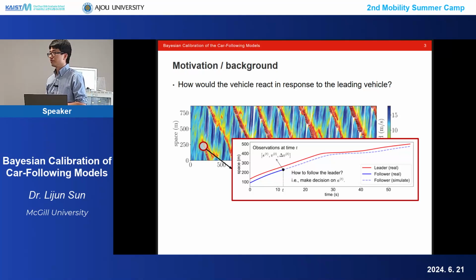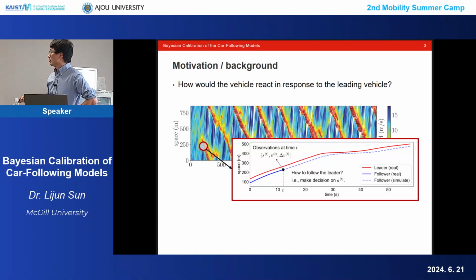The idea of the car-following model is that given the information I provided you as a red curve, which is the trajectory of the leading vehicle, can you predict or estimate how the following vehicle will behave in response to the behavior of the leading vehicle? So the whole idea is to extrapolate: given the red curve and the partially observed blue curve, we try to extrapolate how the blue curve will evolve over time.